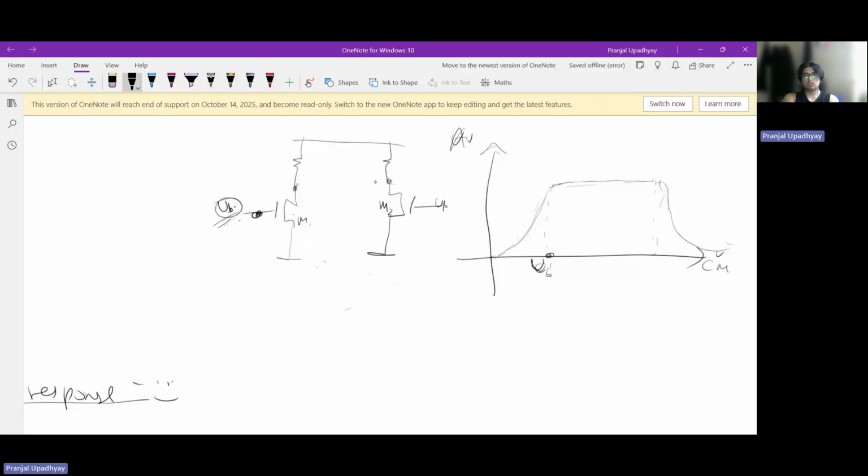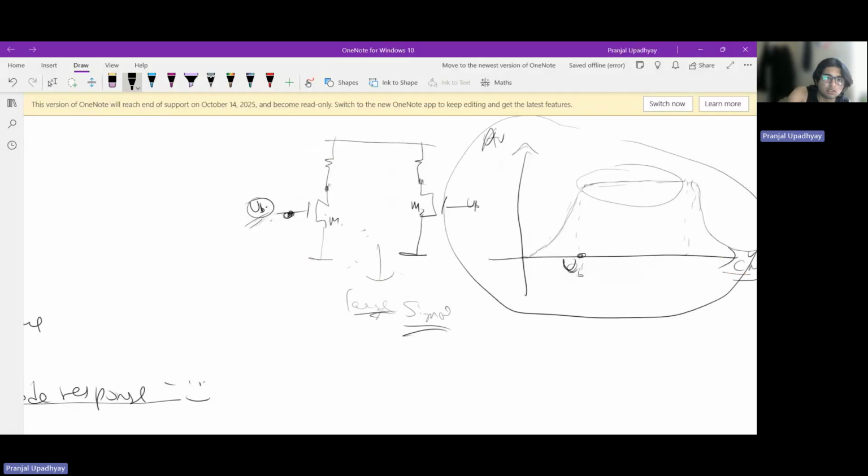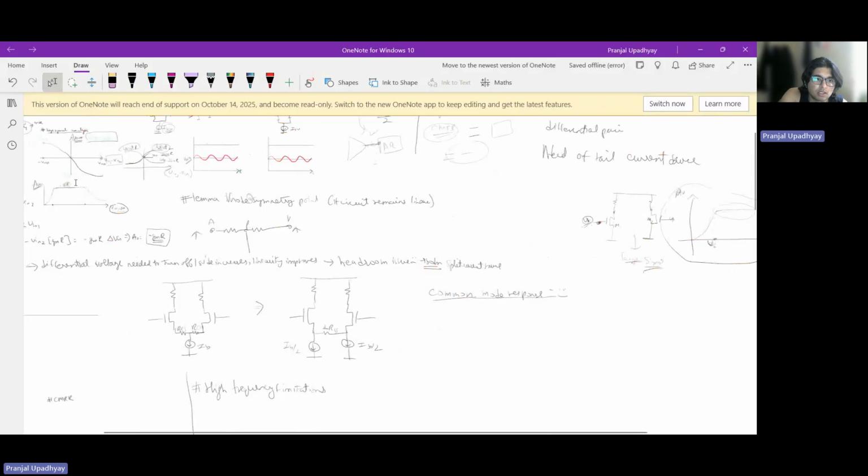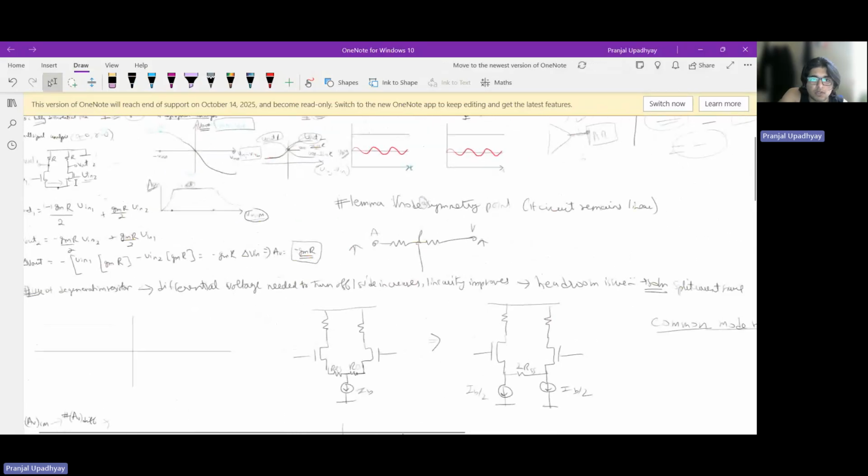With a tail current source, the characteristics are like this, where the gain is constant for a significant V common mode input range, but here we'll find that it is not the case, right? We'll be able to appreciate it when we do the large signal analysis of this guy. For the time being, we won't touch this, just to save time, and it is not a big thing to do. We can easily do that, but if someone is watching and is curious, you can definitely try that out.